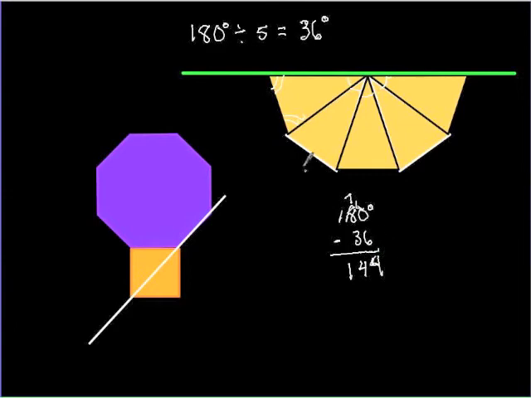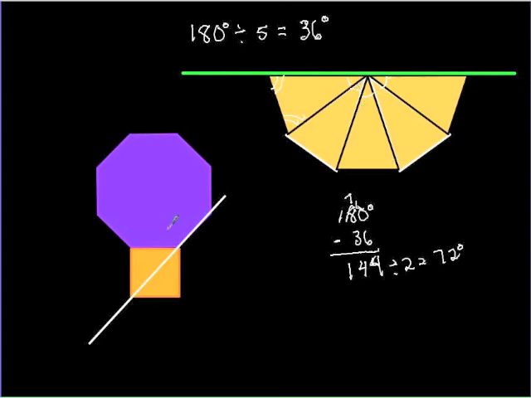So that means there are 144 degrees left. We have to divide that by 2 because there's 2 more angles. 144 divided by 2 is 72 degrees. The angle here is 72 degrees, and 36 degrees.